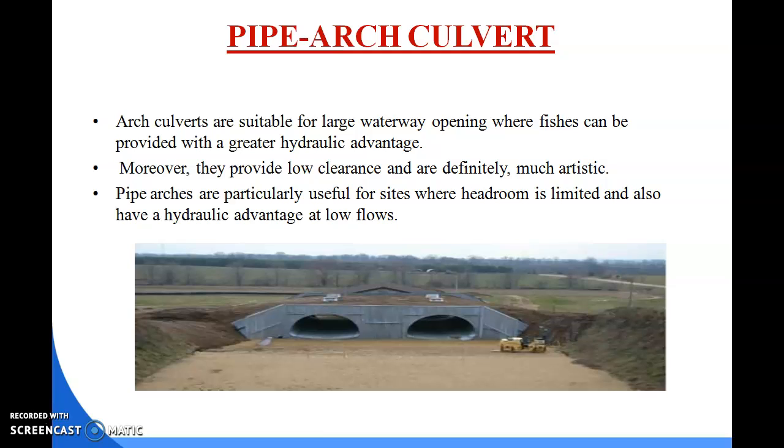Pipe arches are particularly used for sites where headroom is limited and also have a hydraulic advantage at low flow. This is the picture of a pipe arch culvert. You can see here that the culverts are provided in a pipe shape, but the structure is an arch type. Basically this is provided where large waterway openings are available.